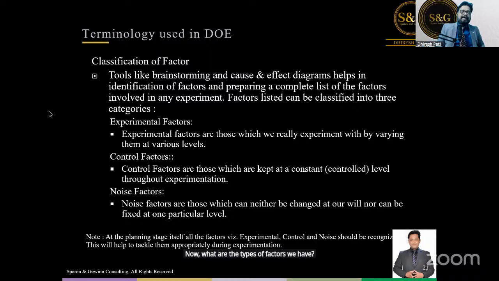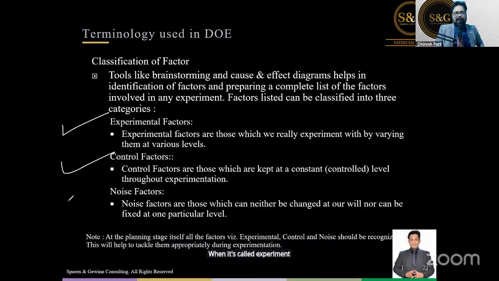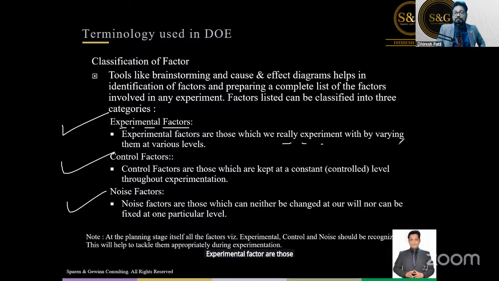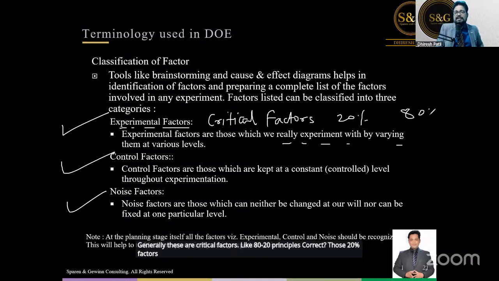Generally, we get 3 different types of factors in our process. One is called experimental factor, control factor, and a noise factor. What is an experimental factor? Experimental factors are those which we really experiment with. Generally, these are critical factors. Like the 80-20 principle, correct? Those 20% factors which impact 80% of the result, those are the experimental factors. And we select those factors and experiment with them.